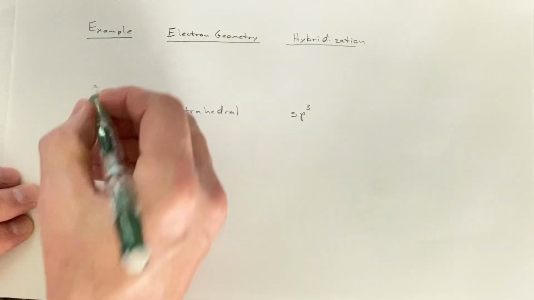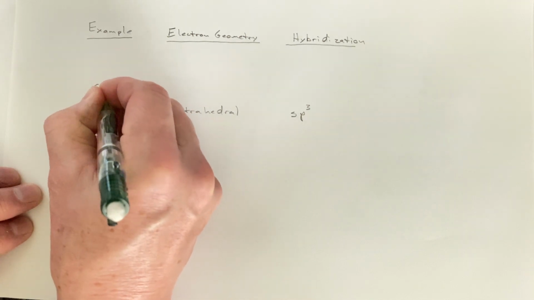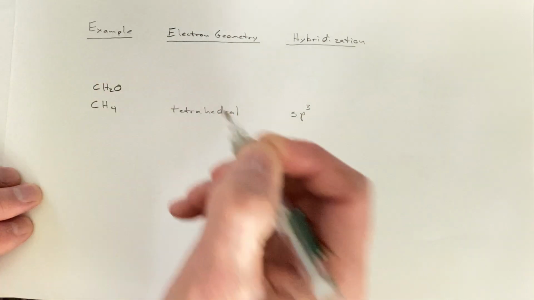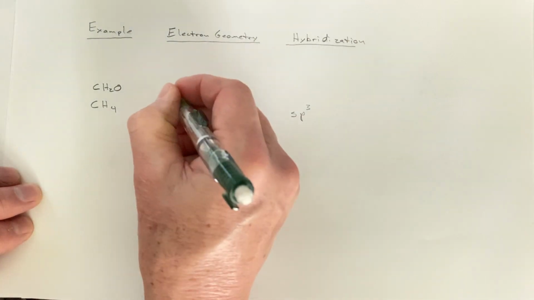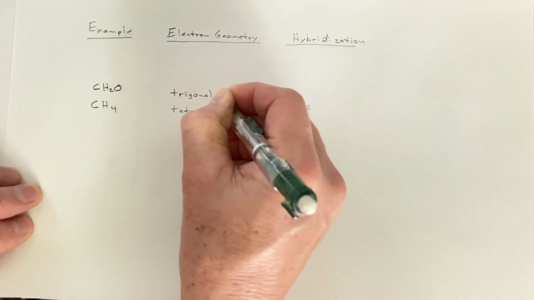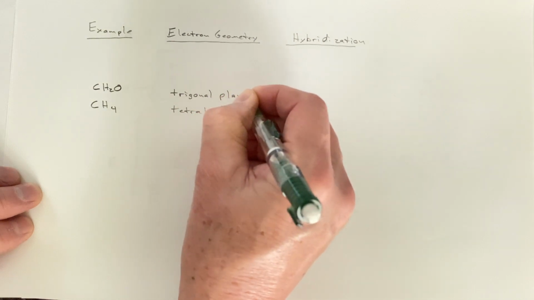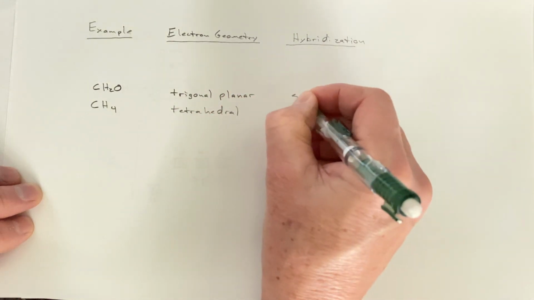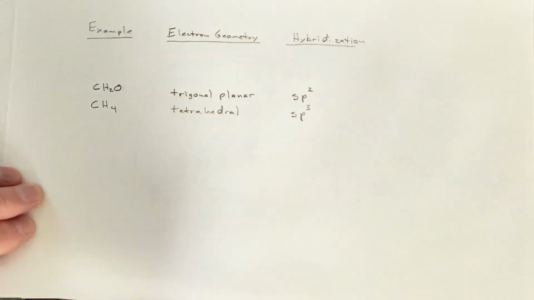So we can come over here and we can say, well, we looked at H2O, and the electron geometry was trigonal planar, and its hybridization was sp2.